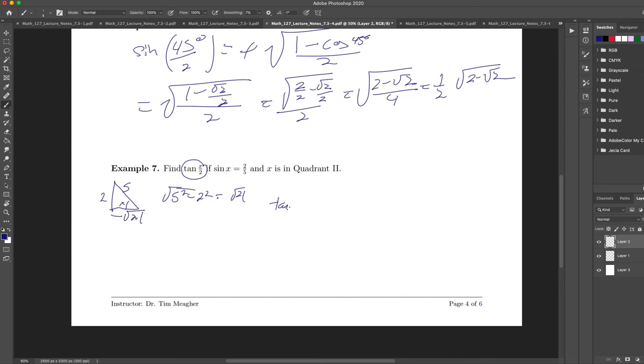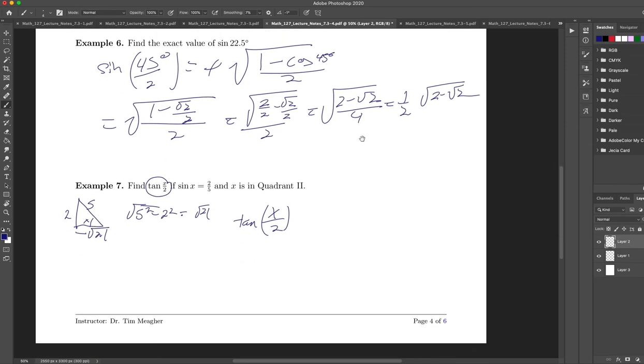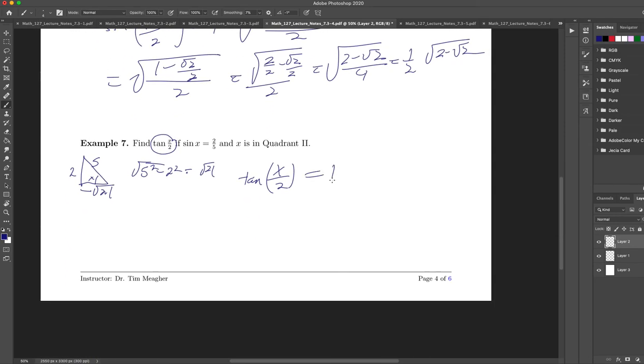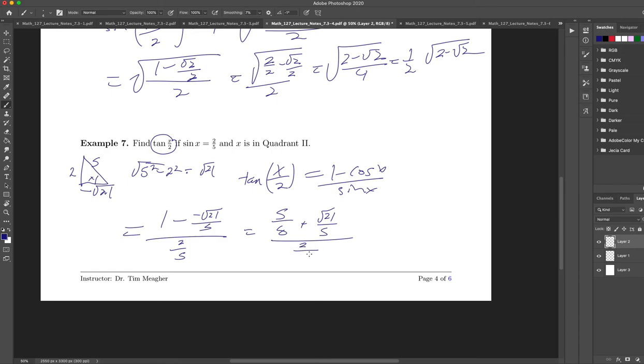So here, the tangent of x over 2, but notice for tangent we don't need to worry about the sign, it's already built in, would be 1 minus cosine of x all over sine of x, which is equal to 1 minus negative square root of 21 over 5, all over 2 over 5. I put this all together, so I'll have 5 over 5 plus square root 21 over 5, all over 2 over 5.